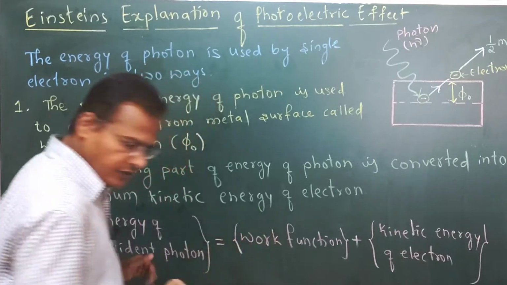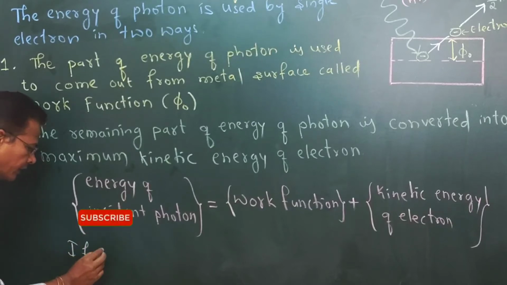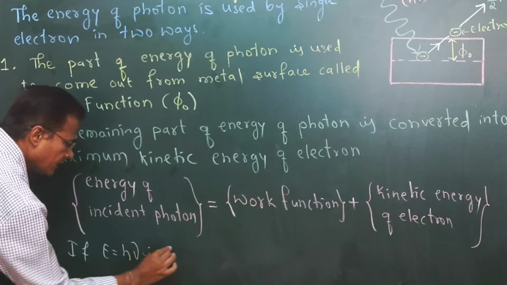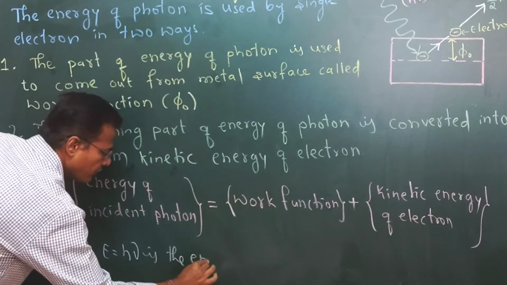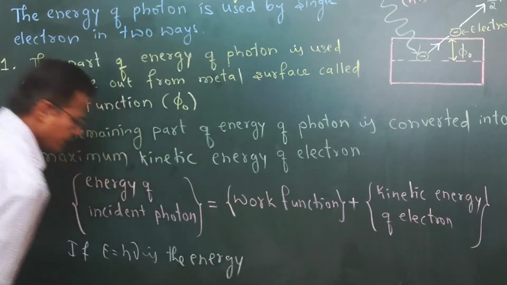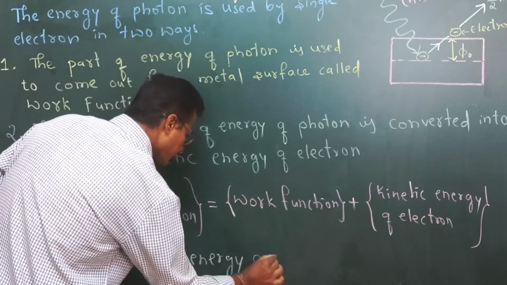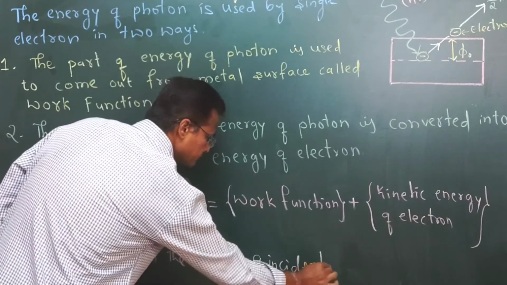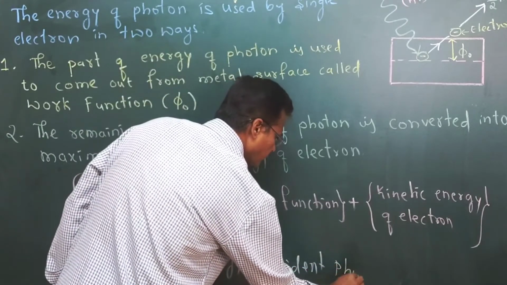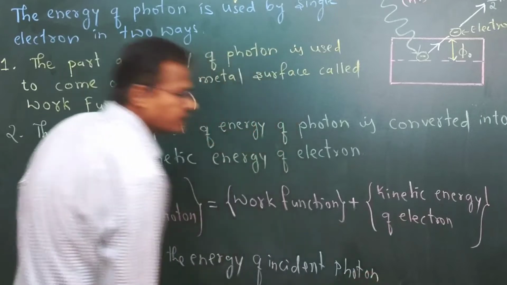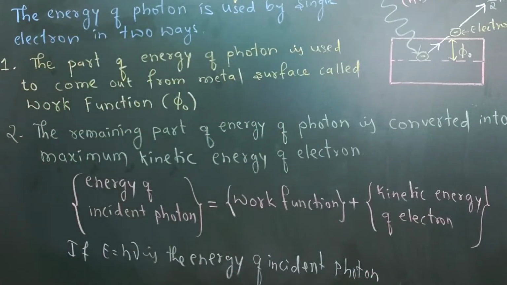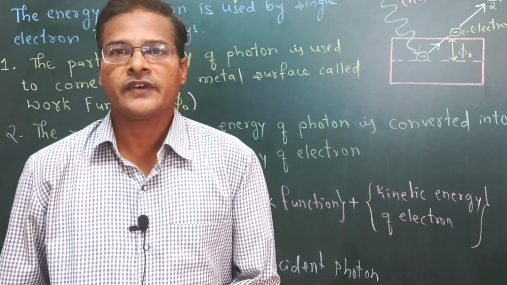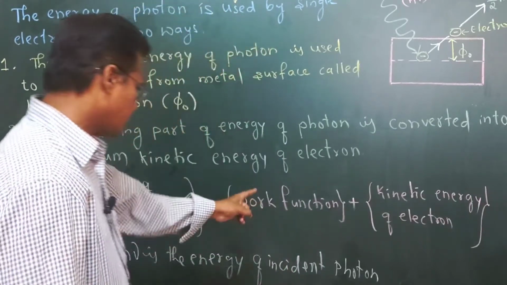So E equal to h nu is the energy of the incident photon.